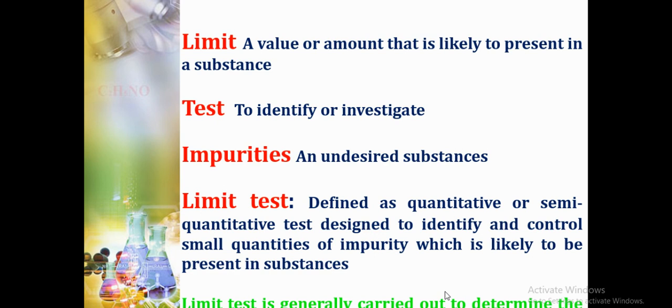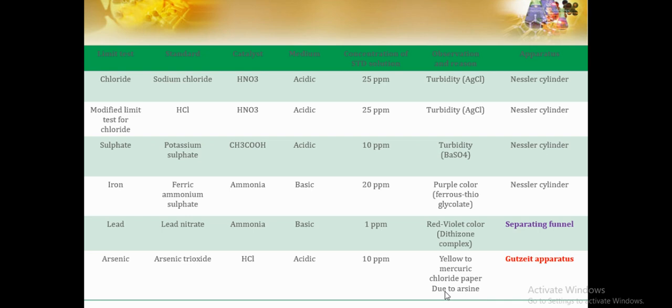So now let's see. I have summarized this limit test, so let's see that summary as a table. As you can see here, column 1 includes limit test for chloride, limit test for sulfate, limit test for iron, limit test for lead, limit test for arsenic. Okay.